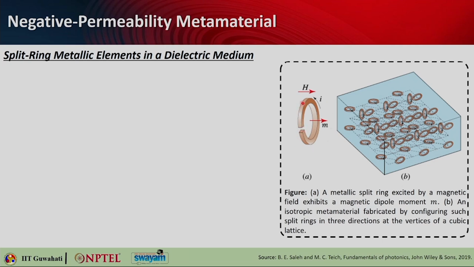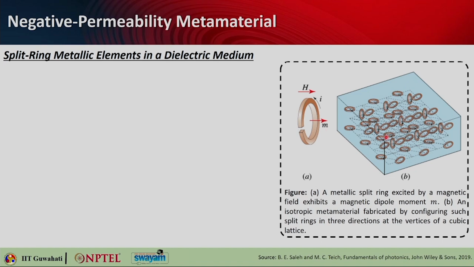When a metallic split ring is excited by a magnetic field, it exhibits a magnetic dipole moment M. So this is the magnetic field H that is exciting this. This will induce a current in this loop, and this circular current will give you a magnetic dipole moment small m.